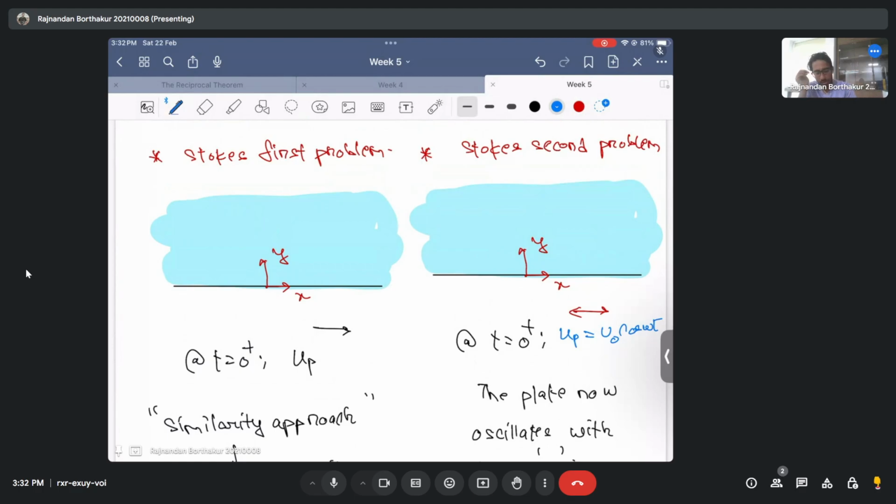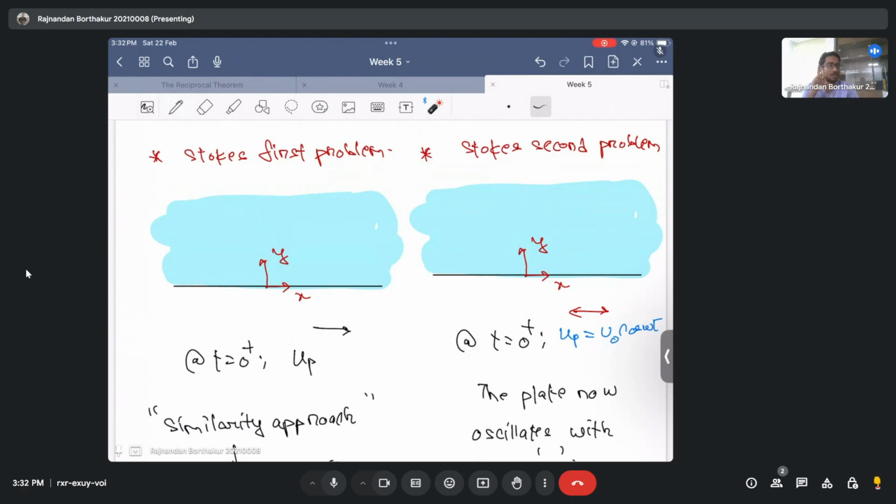That means the fluid will oscillate as and when the plate oscillates, with a phase difference, of course, because that phase difference basically arises because of viscosity. So that is the essential difference between the Stokes first problem and the Stokes second problem, at least fundamentally.